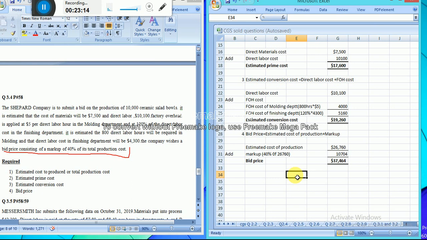At least we will sell it at $37,464 or more. So this was the bid price of the estimated cost of production.